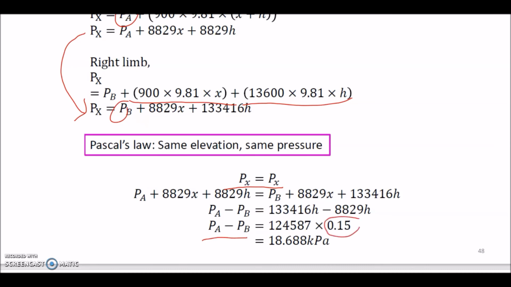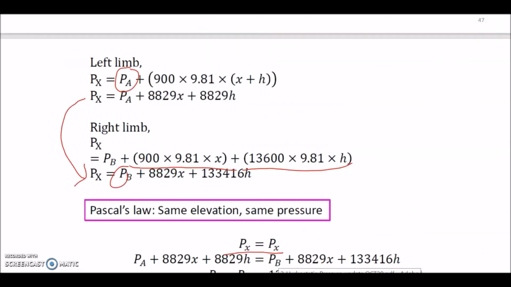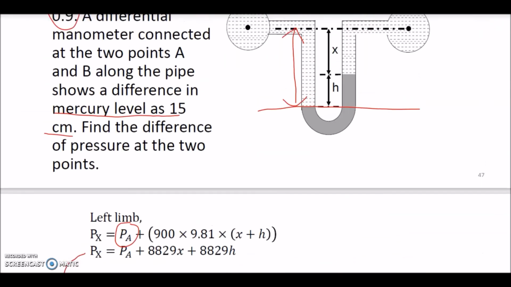This is the different height given in question. It is in cm, 15 cm. You convert into meter, it is 0.15. Okay, because the question gave the difference of mercury height. This one, difference in mercury level 15 cm.